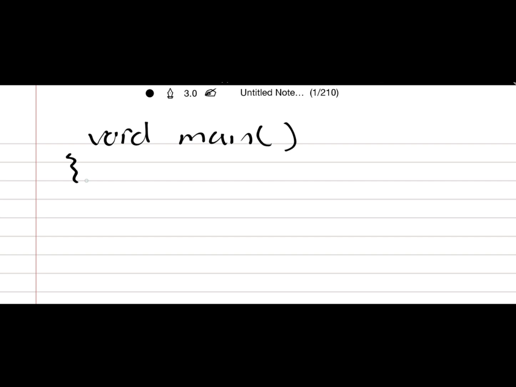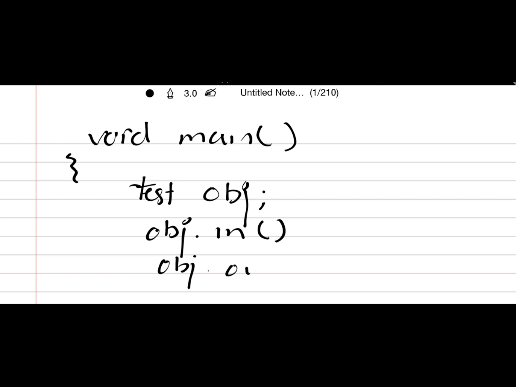Now in the main body we are going to create an object. We create an object from the class test with the name obj. Through this object we are going to access members of the class. So we access two members of the class, the in and out functions.